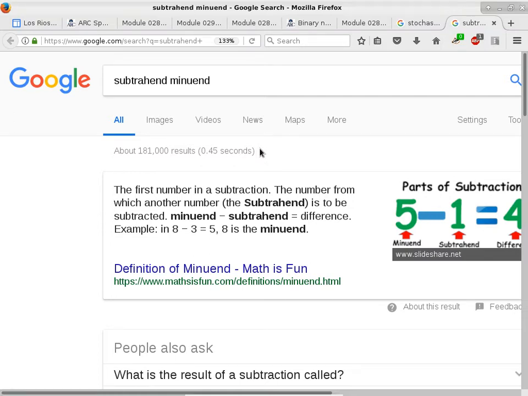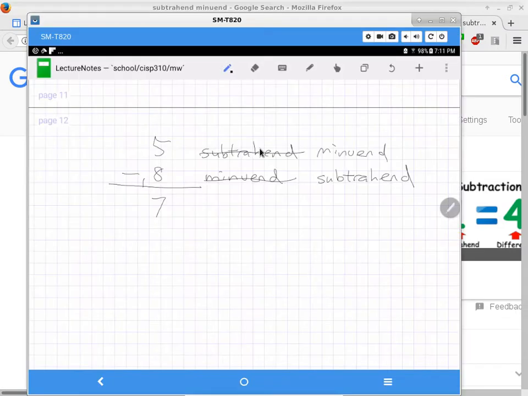It's okay. We'll fix that. So minuend is the first number, and then subtrahend is the other one. I'll switch back to the tablet once I fix this. Okay. There we go. So this one is fixed, and it should be correct. Is that okay? All right.